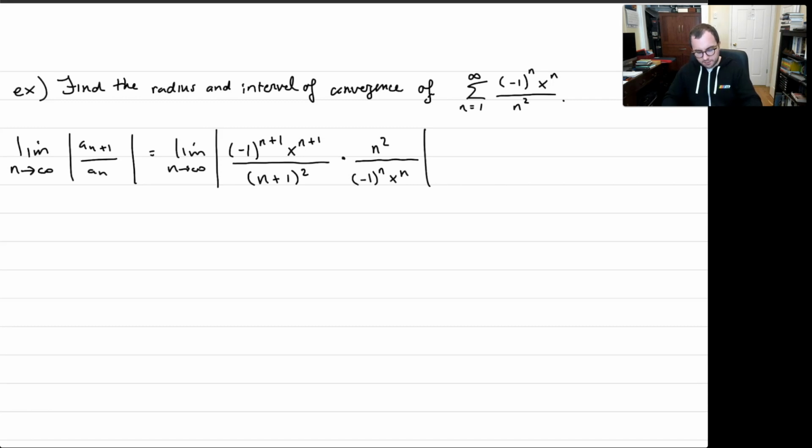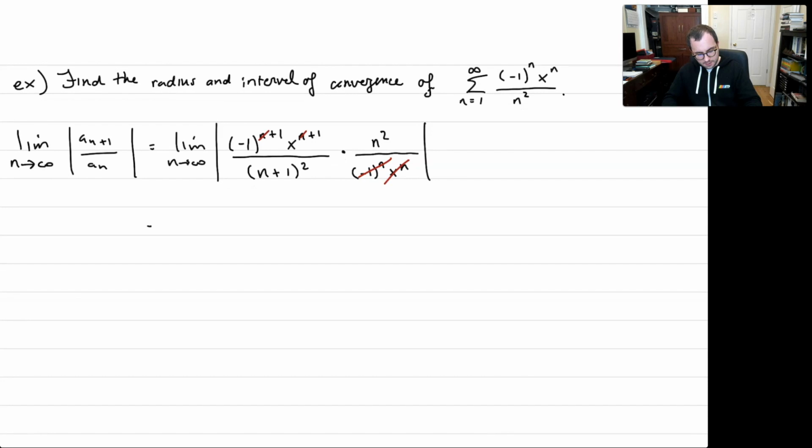Good. Let's simplify this a bit. The x to the n's cancel. The negative 1 to the n's cancel. And I'm going to also, in this next step, expand that denominator to n squared plus 2n plus 1. Then I'll have a negative 1 to the 1 times n squared.